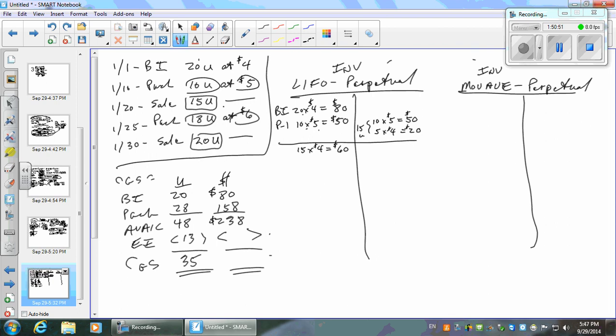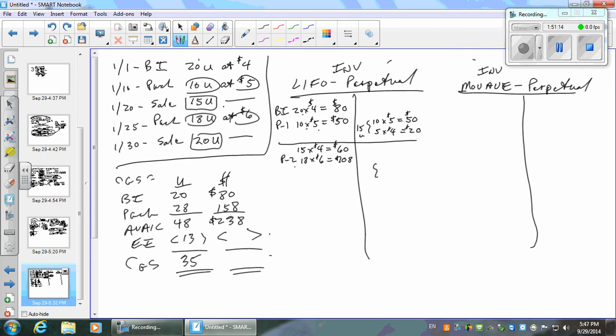Purchase 2. How much? That was 18 units, we said, at $6. What did you guys tell me? That was 108? All right. So now I have $168 in those 2 layers. When I sell them, which ones am I selling first? The second purchase, the most recent ones. Yeah, good. Okay, so I got 20 units to sell.